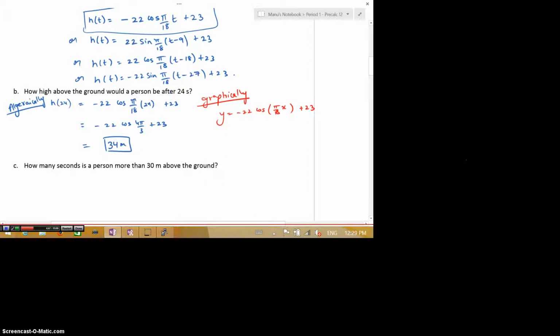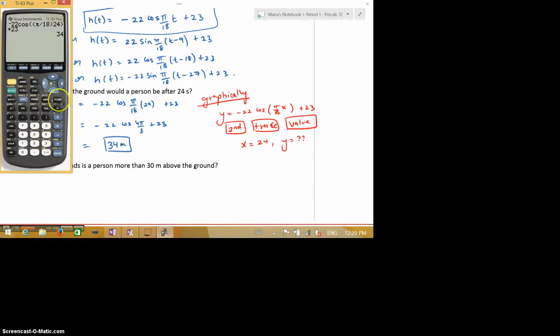And once you've graphed it, we're finding y when x equals 24. So we're going to go second, trace, value, X is 24, and then what is Y going to be? You may have to adjust the window settings of the graph for it to fit on your graphing calculator. So let's see how we would graph this.